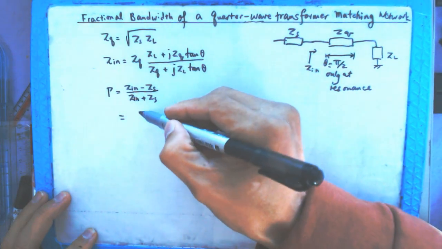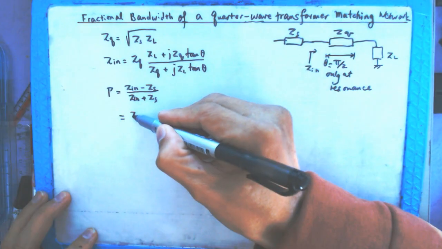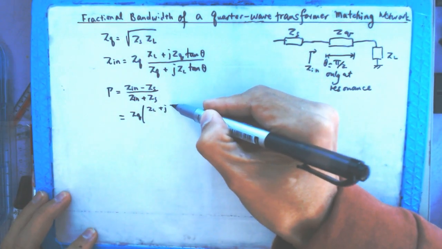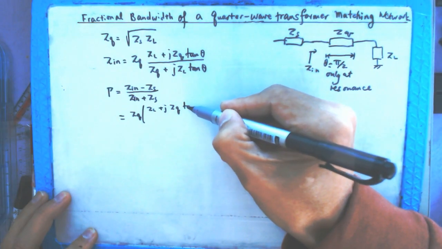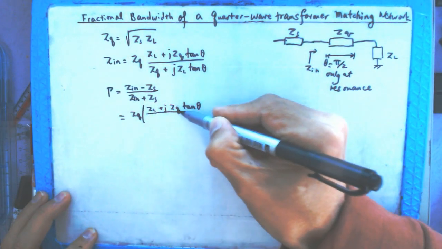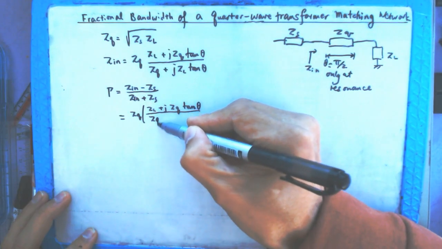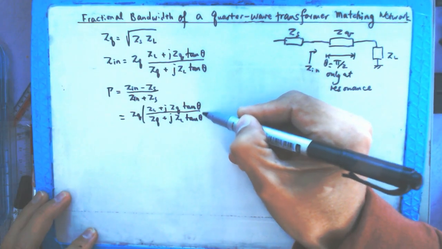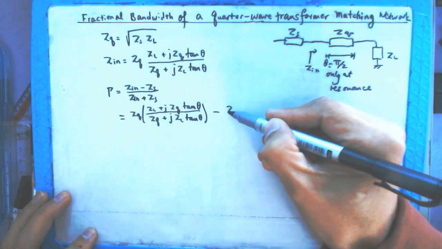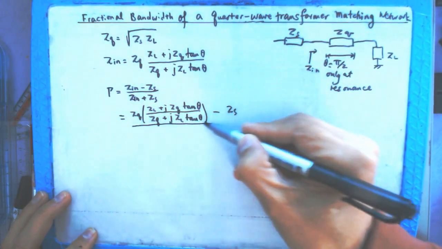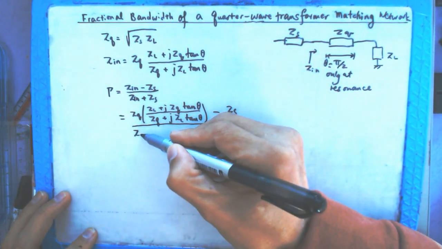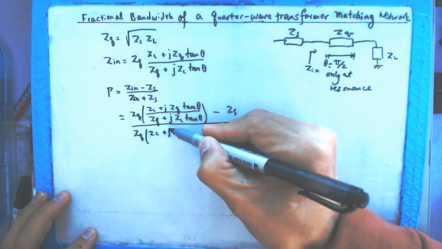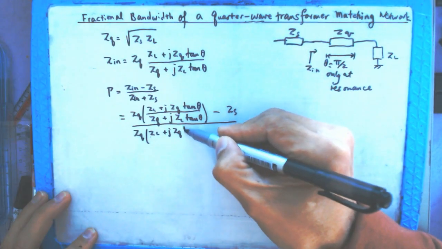If we do this, then it will be like this. And then the source, and then again here. So this is the so-called reflection coefficient.